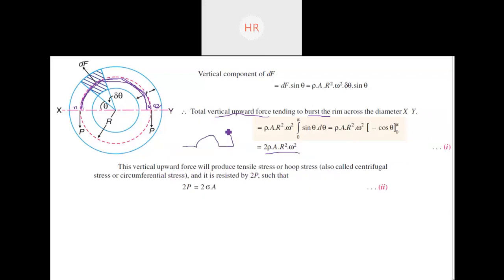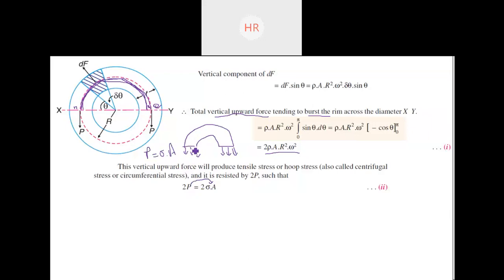If I show the half portion of this flywheel, then this force is acting in the upward direction and it will generate hoop stress like this, and it is resisted by 2 times P, such that 2P is equal to, we are simply substituting force equal to stress into area.